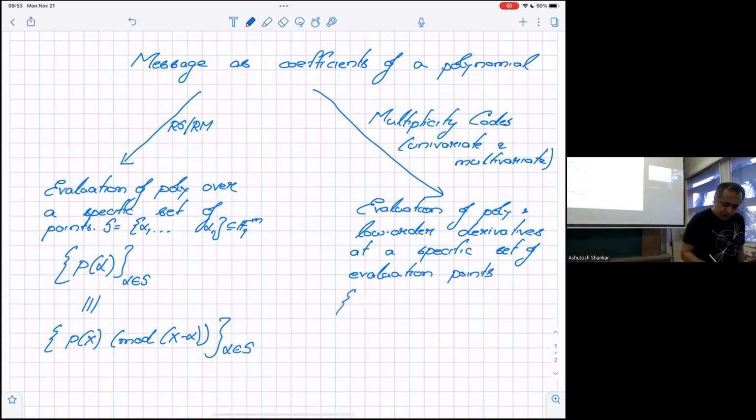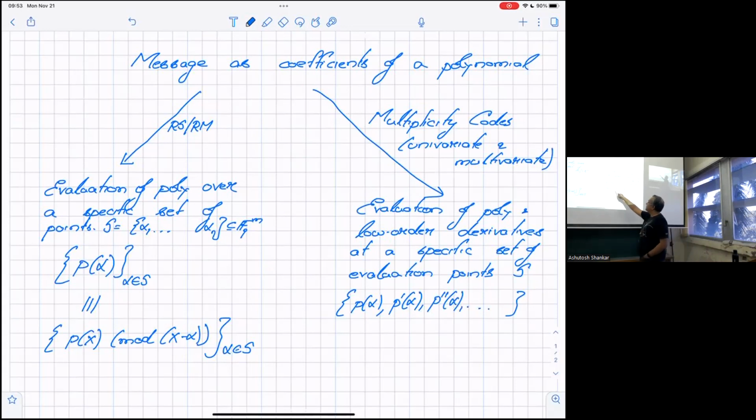In particular, there will be a set of evaluation points S. We'll give P of alpha, P prime of alpha, P double prime of alpha, and so on. While writing this, I'm assuming it's univariate; you'll have to write different derivatives if you're writing multivariate. We'll make all of this formal shortly. So I'm going to give this tuple up to some order of derivative.